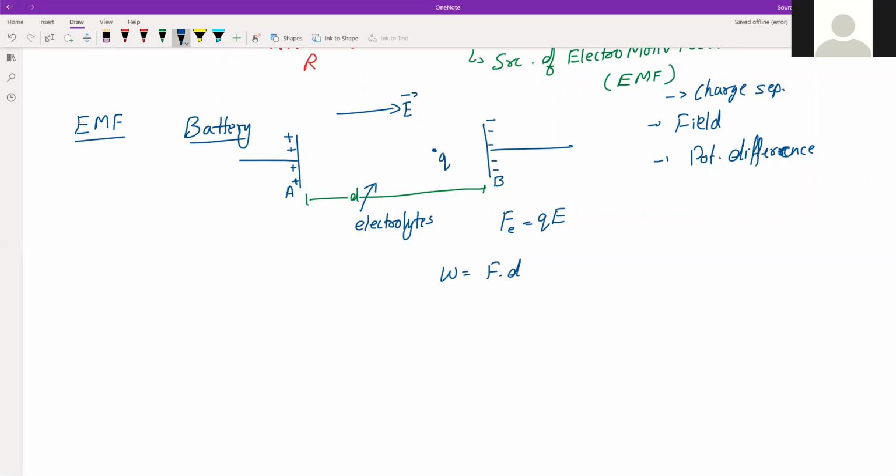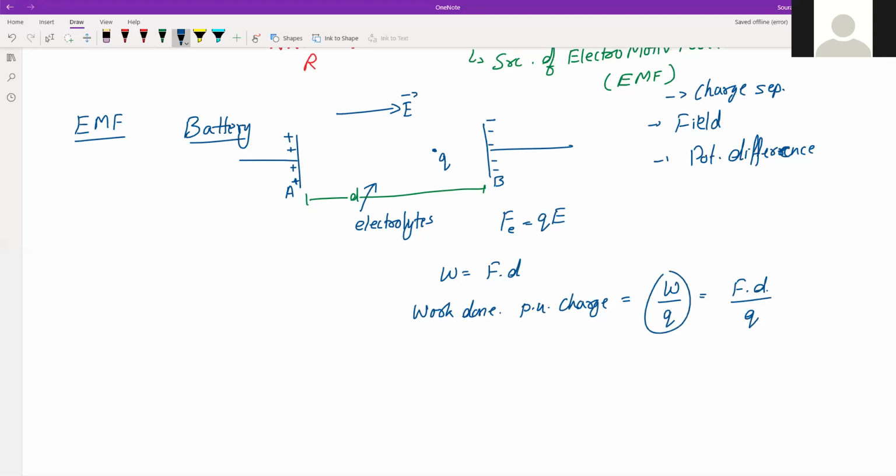So the total work done per unit charge will be given by W divided by Q. That is equal to F times D divided by Q.